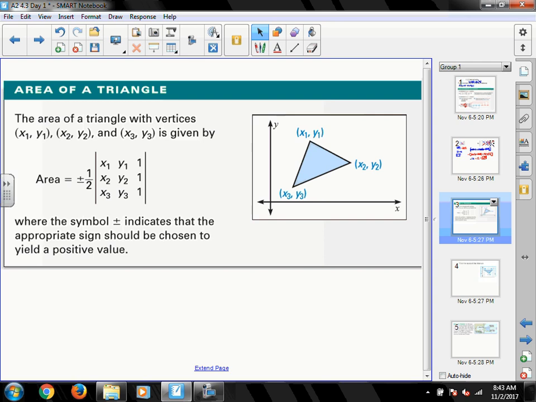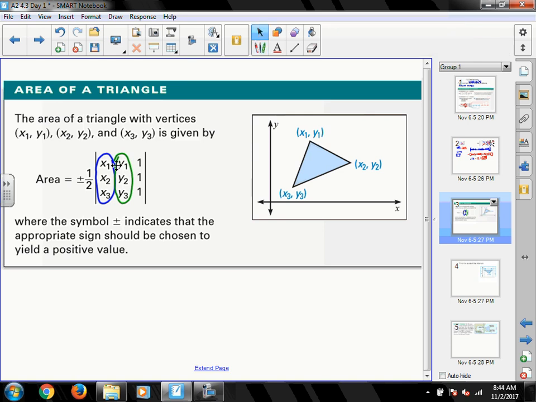So what you do is, notice, you just list your 3 x values in a column, you list your 3 y values in a column, and then your third column is all ones. The reason we do that is because we're keeping it all within the same plane. We're not going into a third dimension. So those are all the same, and for this to work, we're finding the determinant.